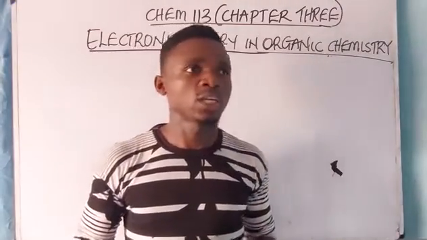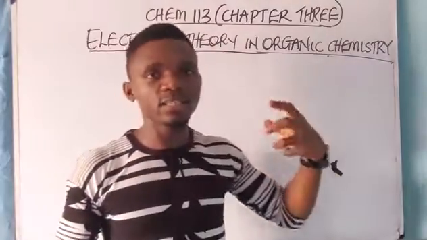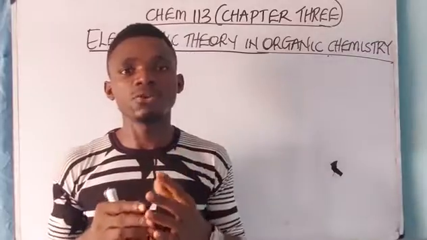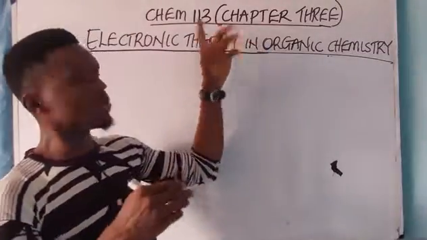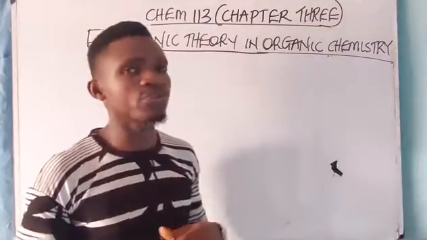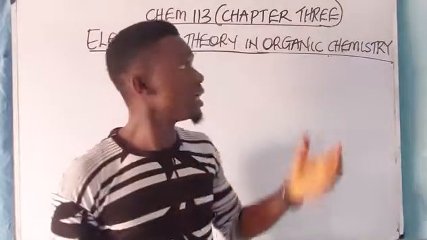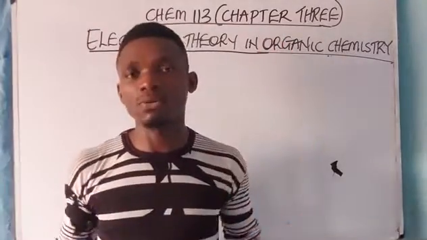Now, in chapter 1 of this course, I did teach us the various persons. Please, that should be Chem 111 in organic chemistry. So I taught us the different personalities who were involved in bringing about the atom, everything about the atom.